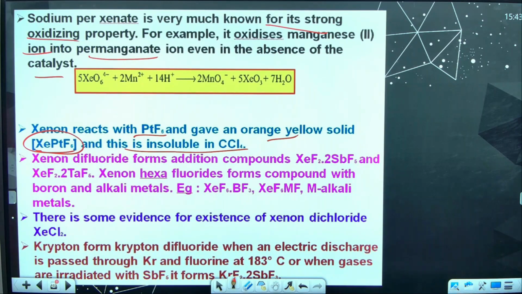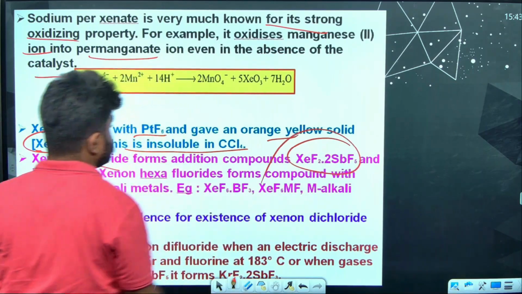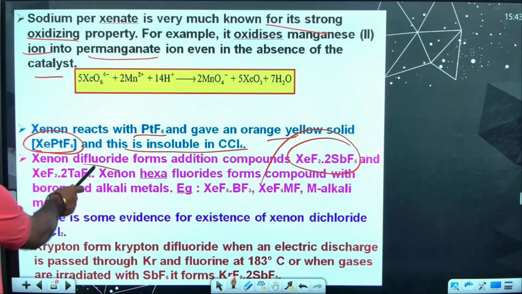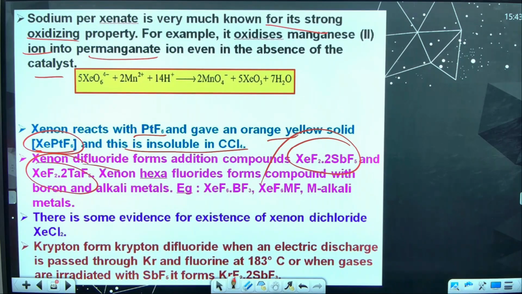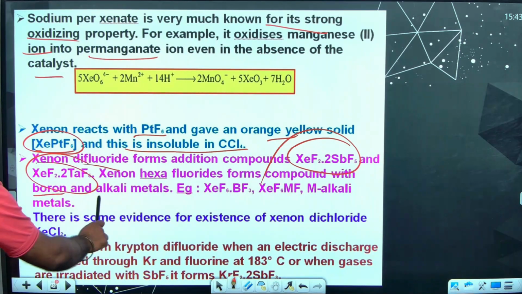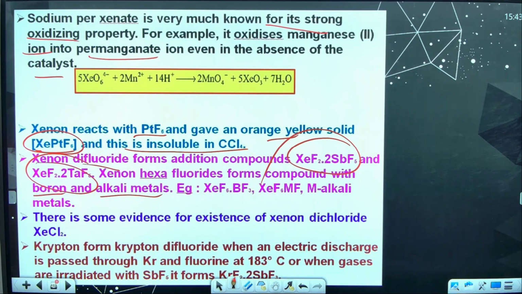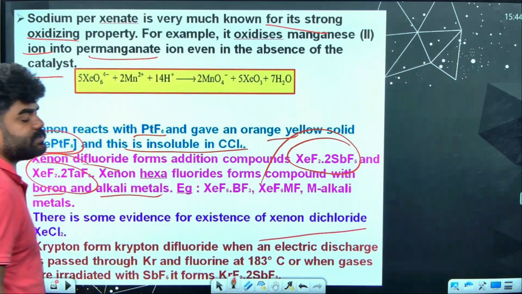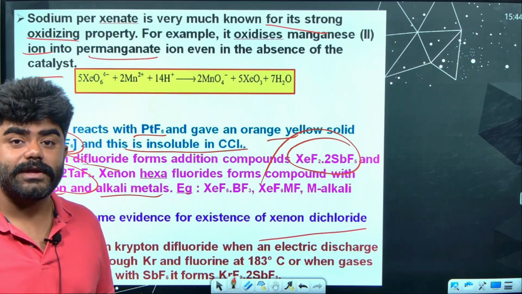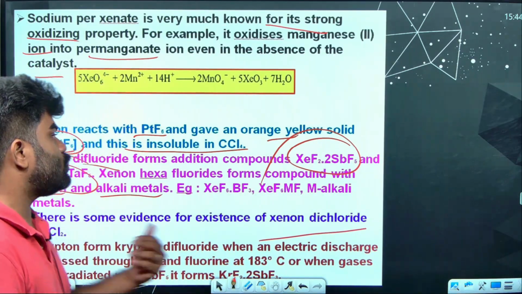And xenon difluoride forms compounds such as XeF2·SbF5. It's an addition compound. You can see that, right? Also it forms compounds with tantalum fluorides, and also with boron and alkali metals. Of course, there is some evidence that suggests there are xenon dichlorides as well, which is not so common.